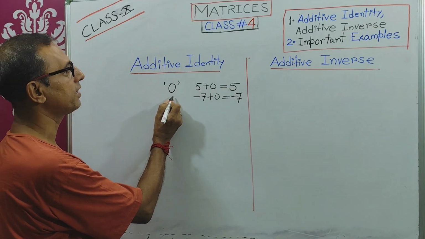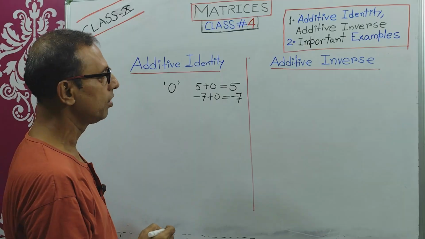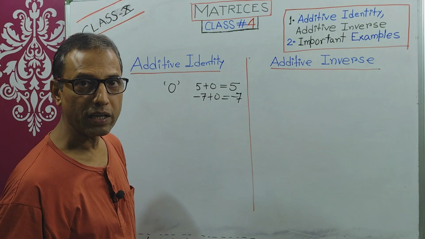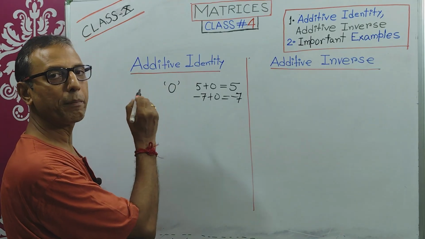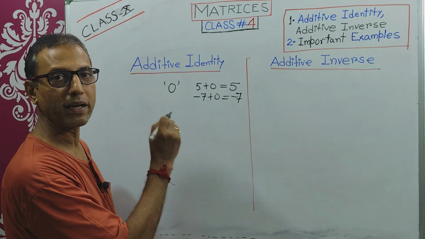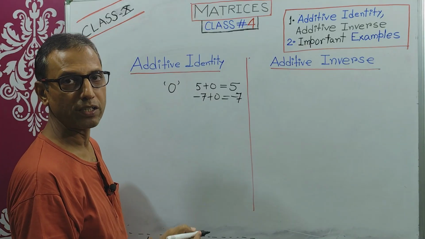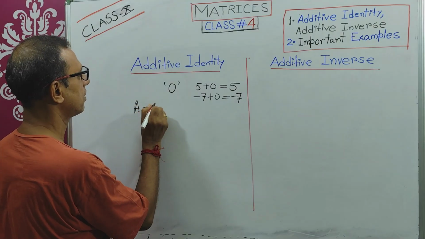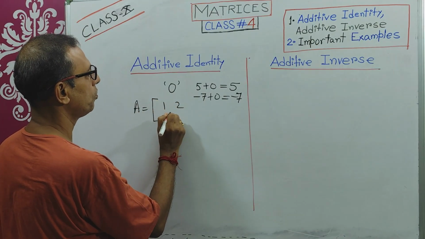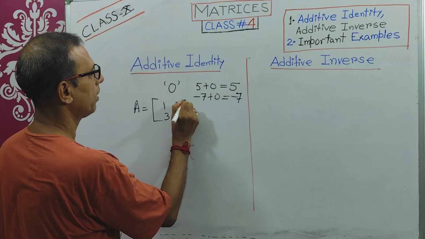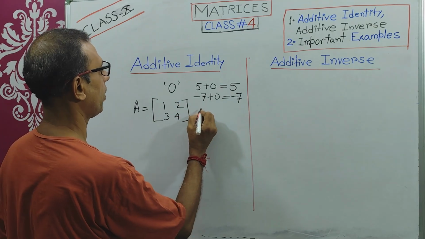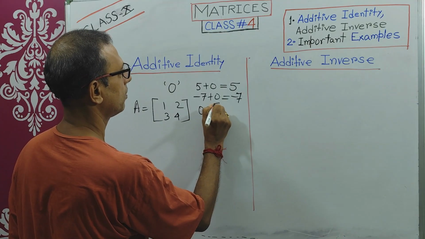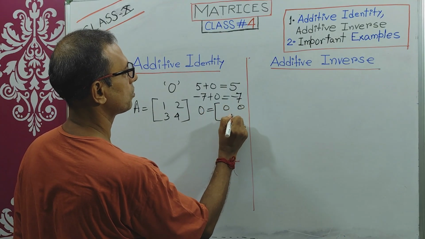0, in matrices, is actually the null matrix. If you add a null matrix to a given matrix, the output doesn't change. Let's say there is one matrix 1, 2, 3, 4, and there is one null matrix 0, 0, 0, 0.